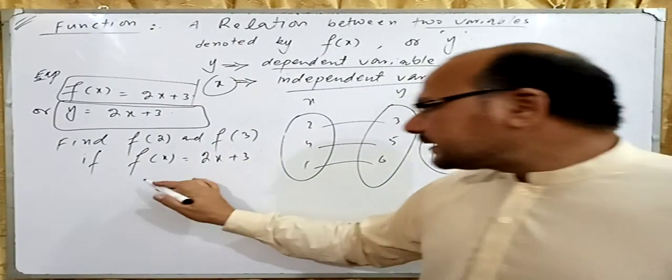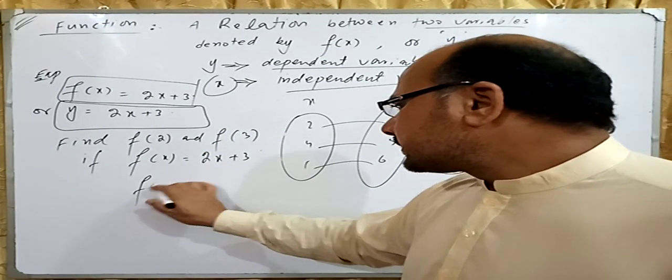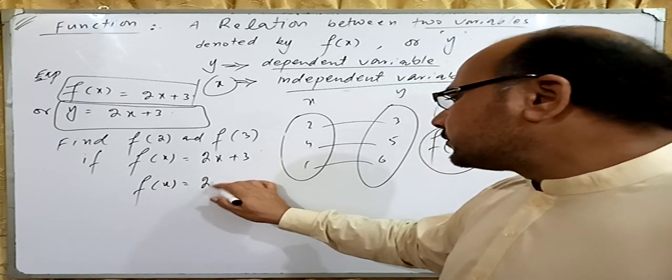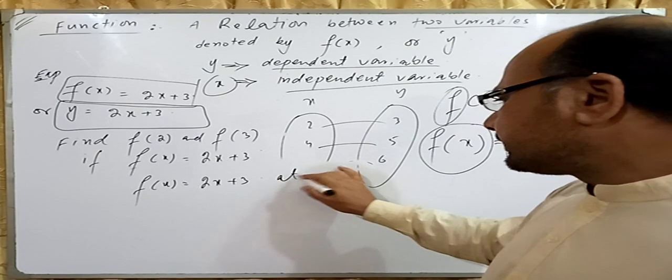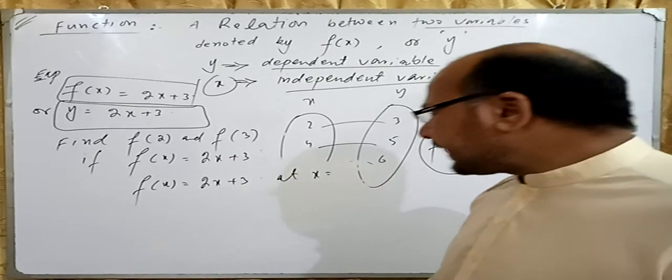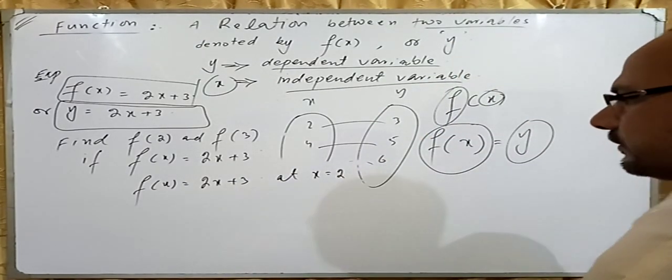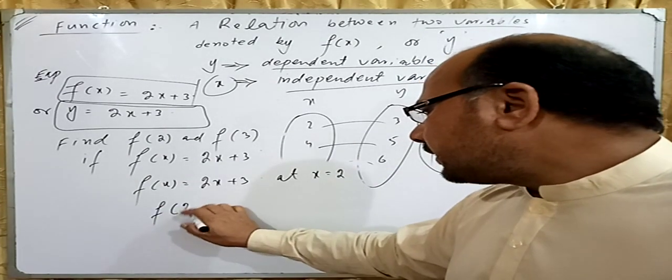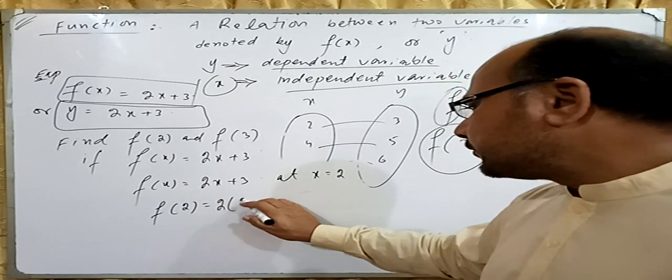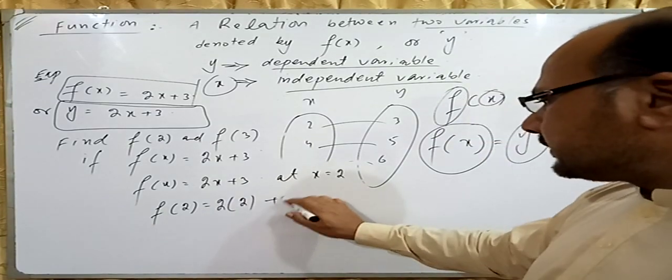So we can write f of x is equal to 2x plus 3 at x equal to 2. So f of 2 is equal to 2 into 2 plus 3.